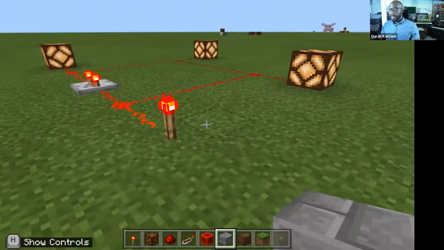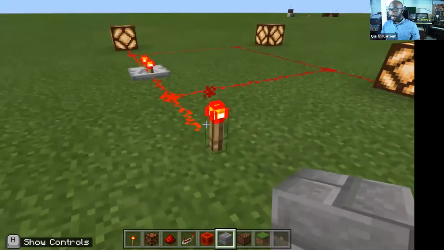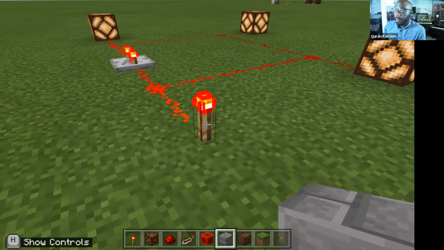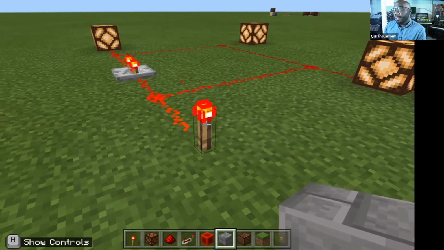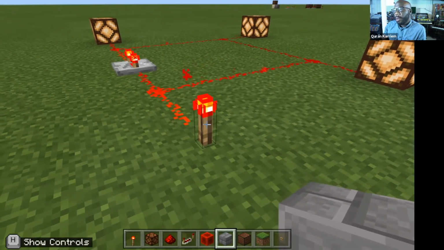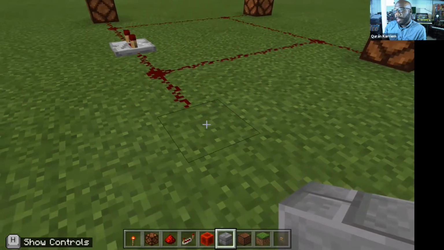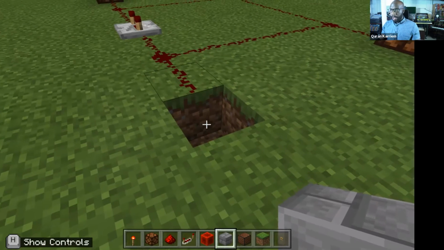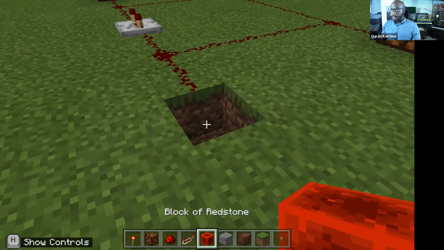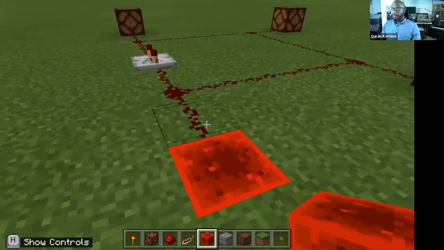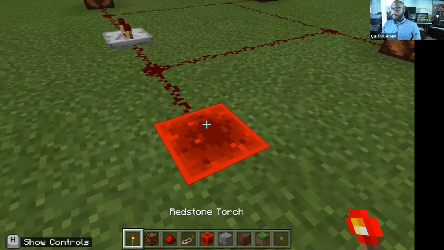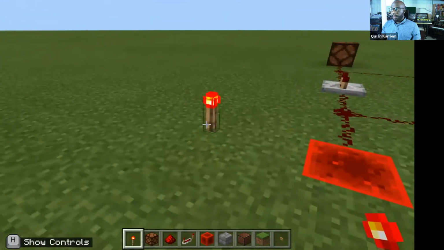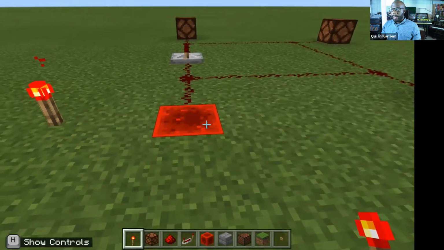So instead of a steady stream of energy, which is what this torch is giving right now, I want a short pulse of energy. And to do that, the quickest way that I've seen is to stick the torch on top of a block of redstone. So I just dug a little hole, put a block of redstone in, and stick a torch on top.